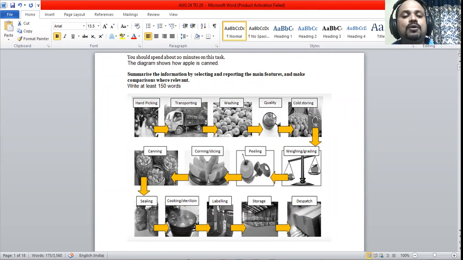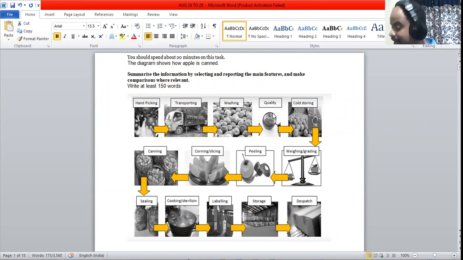All these things, the subject is unclear. When the subject is unclear, naturally we have to present it in passive voice. So passive voice is that voice we use, simple present tense passive voice. Number one. Number two, sequential words.